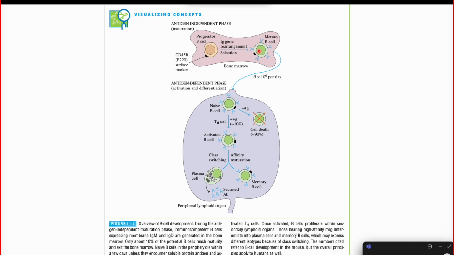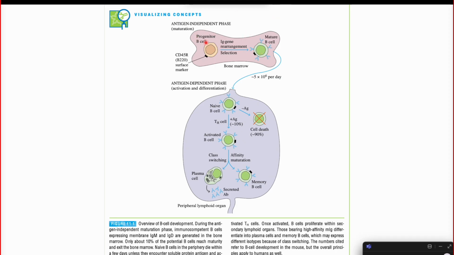And how can they be activated? Because they are also APCs, remember, antigen presenting cells, which means B cells can see the antigen and their activation can be done depending upon the location, or whether the T helper cell was available or not.